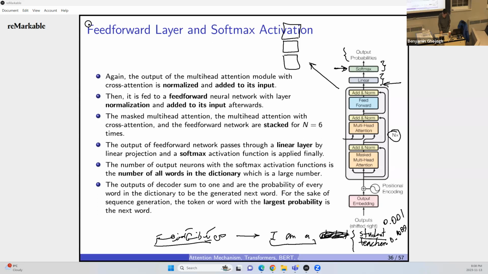But student wins because it's larger, right? And becomes the next word. Do you see the beauty? And then this word comes as shifted input to the decoder again, okay? So far clear?